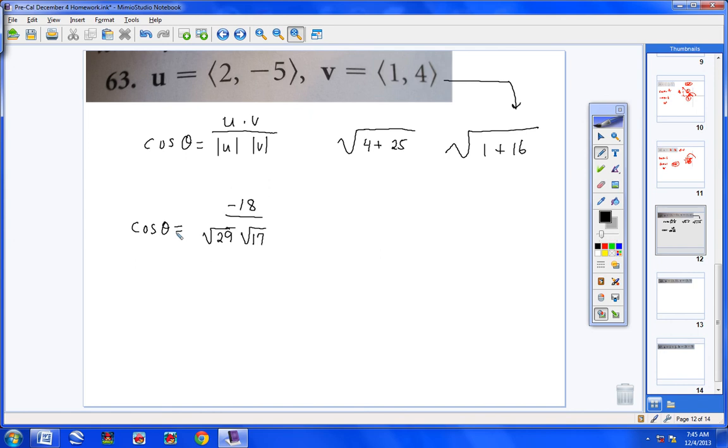So cosine theta. Alright, so with my calculator, I'm very quickly going to type in the square root of 29 times the square root of 17. And you'll get a decimal. I'm just going to cross this off. You will get a decimal of 22.2036031. And now with your calculator, I would type in -18 divided by that number.